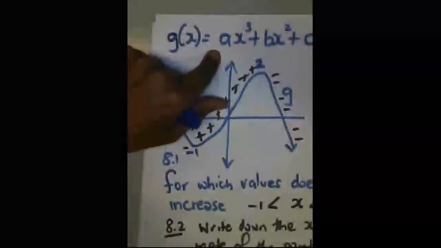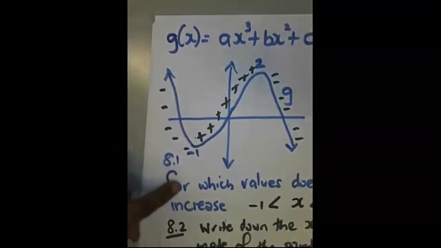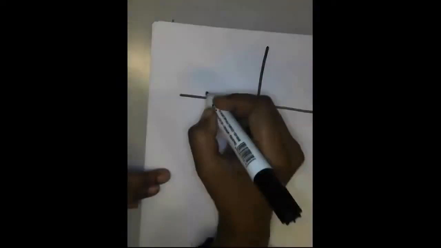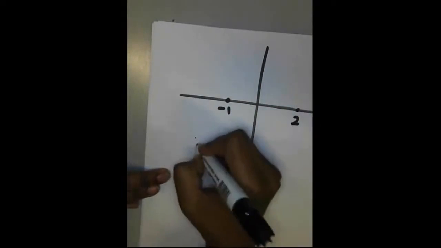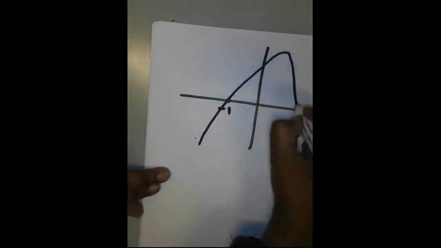Now we're going to sort it out in a few minutes to see why a is negative. Right, but I do know so far that because this graph shape is smiling and then frowning, it must be upside down. So I draw the graph. So the graph looks something like this.